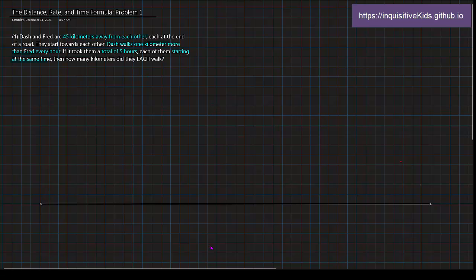So let's label what we know. We do know that each of these sides are Dash and Fred. And we do know that they are 45 kilometers away from each other.